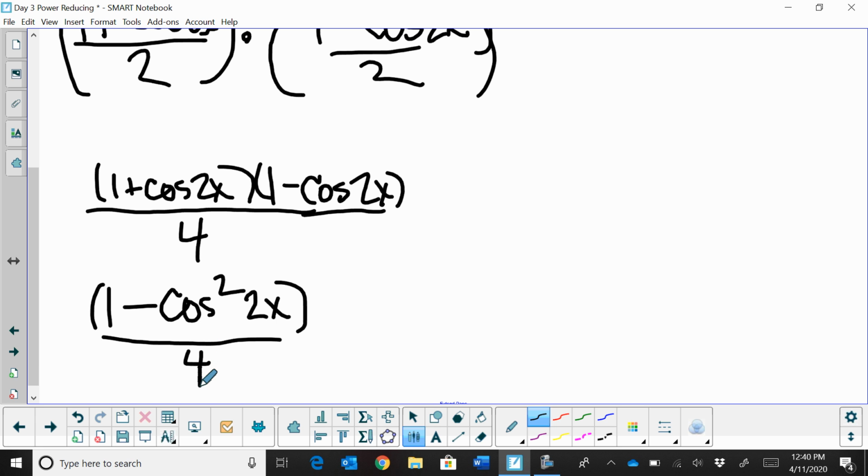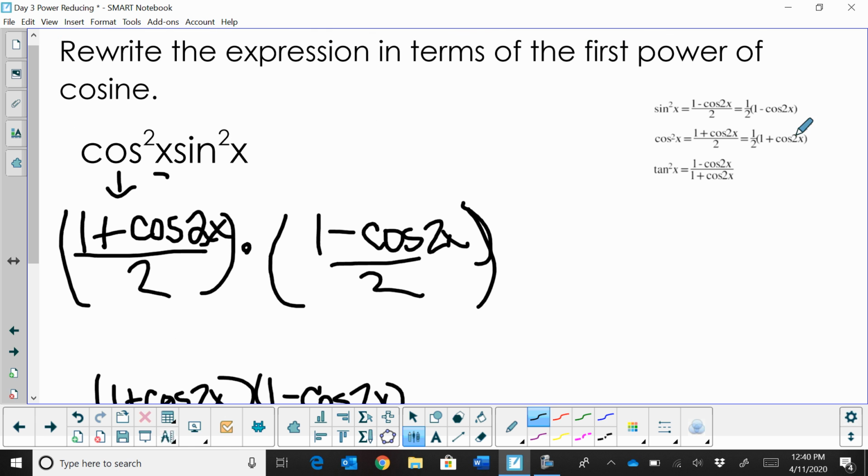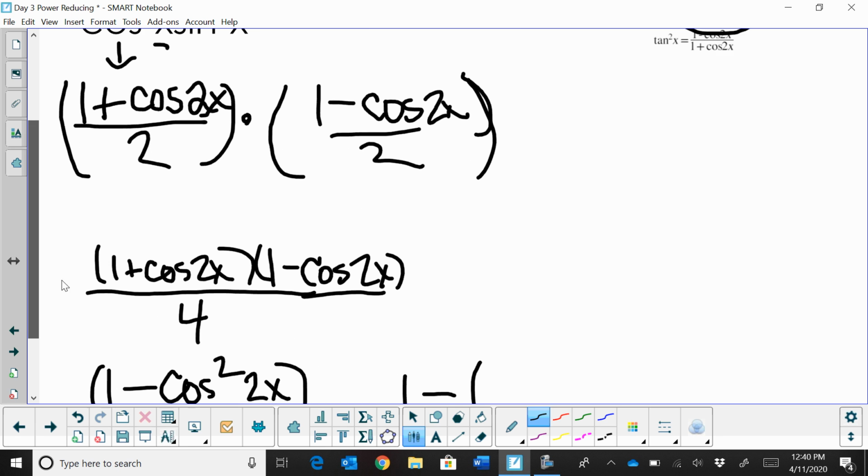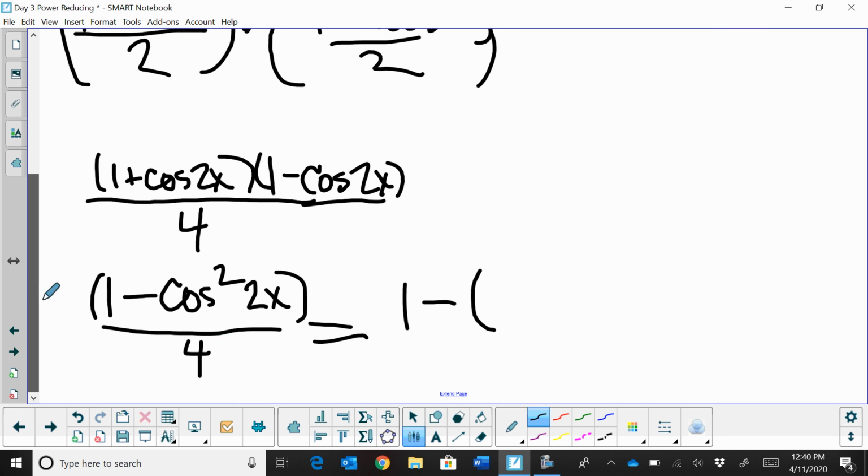Now, we need to power reduce yet again, because once we FOIL this out, we now have a second degree. So let's simplify that as 1 minus the quantity. Well, I'm using the power reducer right here to reduce it yet again. And that's going to be 1 plus cosine, and I have to use a double angle.